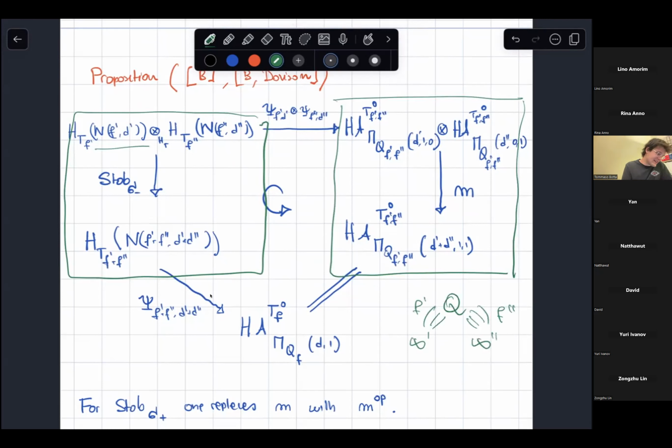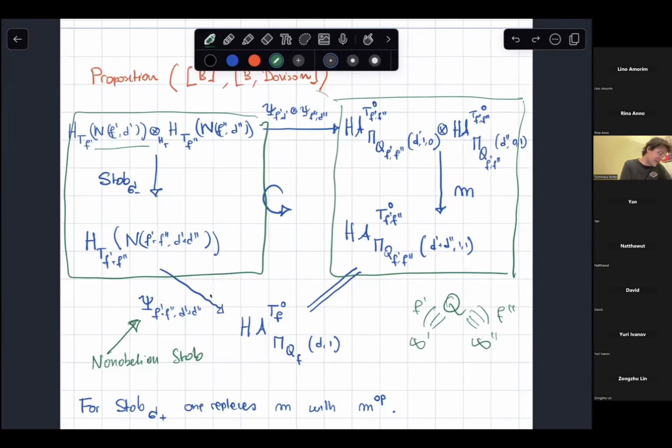Okay, so on the right hand side there is some cohomological algebra, and the statement of this proposition says that the diagram where I, well, let me state it in the following way. These psi maps of the non-abelian stable envelope identify the cohomological algebra multiplication, the comultiplication, with the stable envelope.